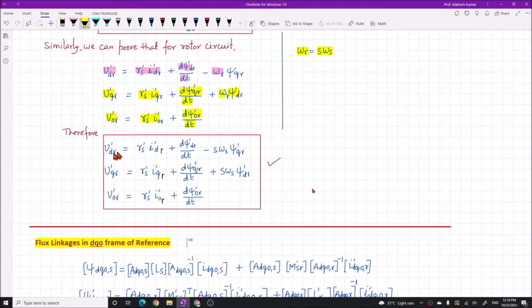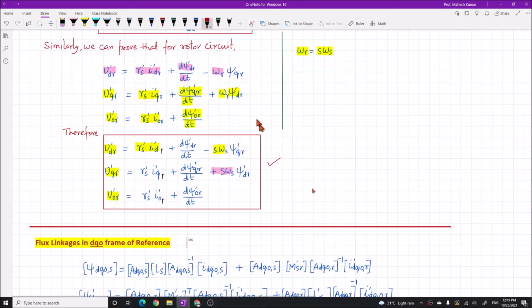Therefore, we can write the rotor side voltages as Vdr dash, Vqr dash, V0r dash as per these equations. This term becomes s omega s and the second becomes plus s omega s, and the third is the standard term, that is V0r dash equals Rr dash into i0r dash plus d psi 0r dash by dt.